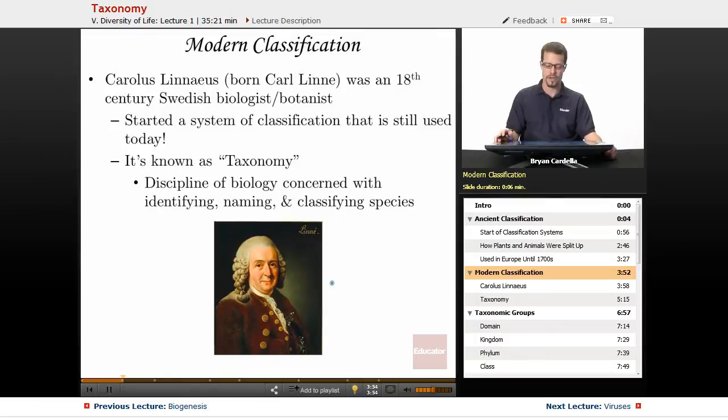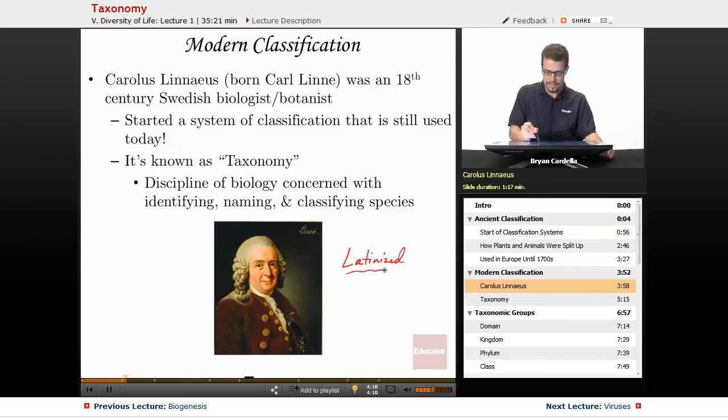Modern classification. So thanks to this gentleman, Carolus Linnaeus, that was not his birth name. He actually Latinized his own name. And what I mean by Latinized is Latin is the base language that's used to name species and to categorize life. And it's almost a way to advertise the system that he invented. He was born Carl Linn, or Linné.